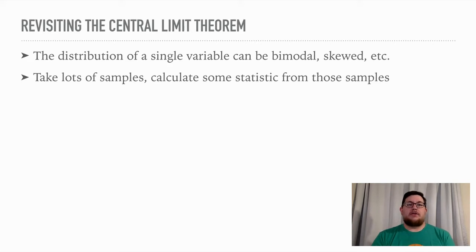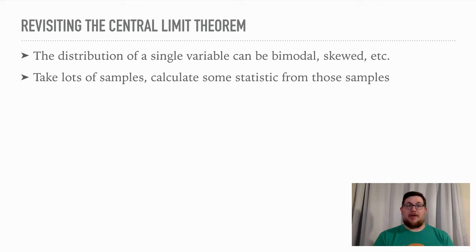Now, if we were to take lots and lots of samples of that variable and test that variable, right? So let's say we took 10,000 random samples of some population of interest and we tested that value. And we calculate some statistic from those samples, right? Remember, a statistic is an estimate of a parameter.